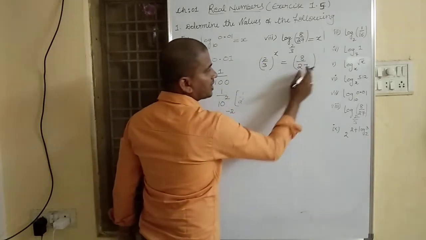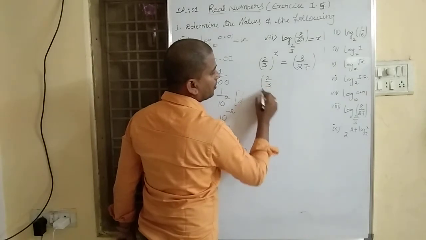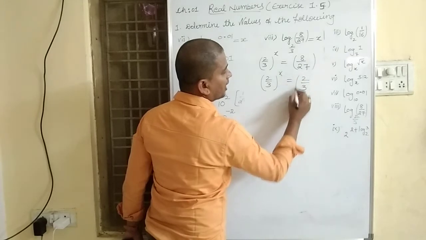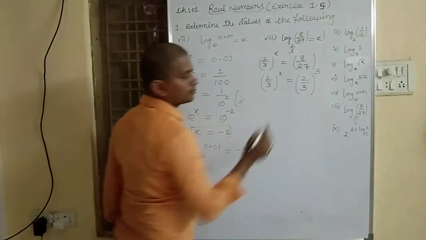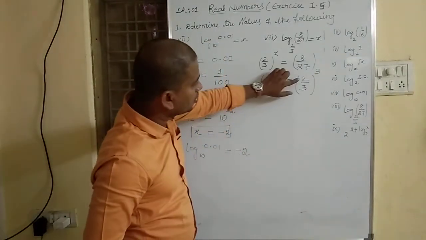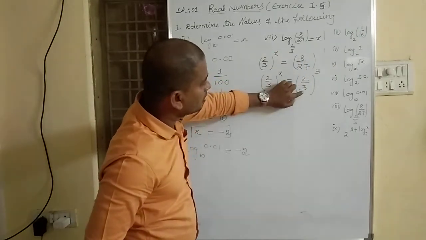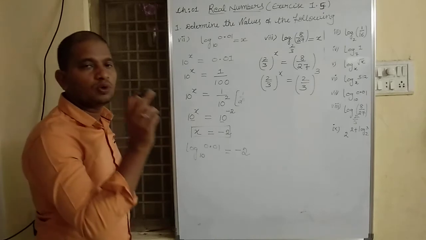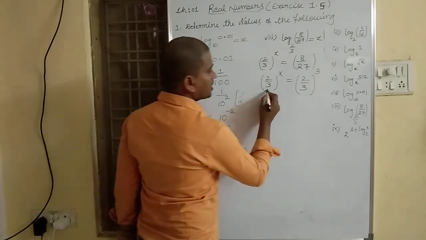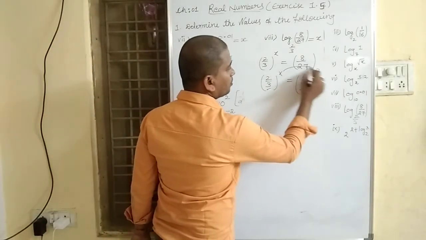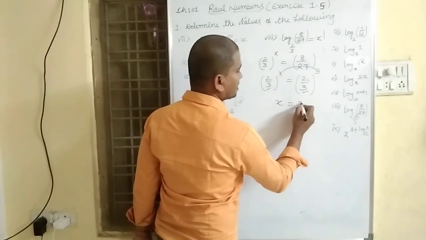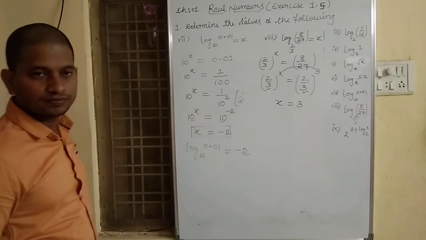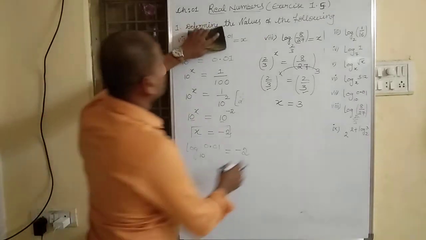So 8 by 27, if you observe, I can write as 2 by 3 whole power 3, because 2 cube is 8 and 3 cube is 27. As bases are equal, powers should be equated. So x value is 3. Got it? The last question, that is 9th one.